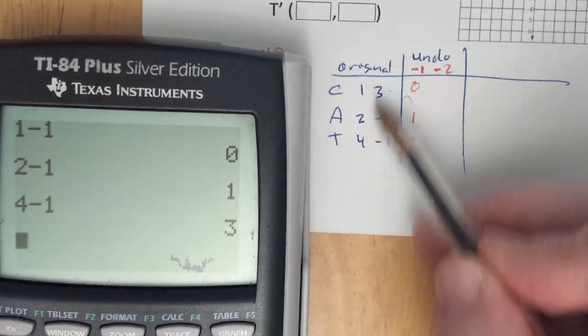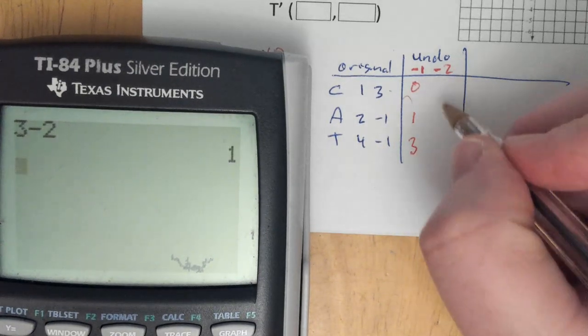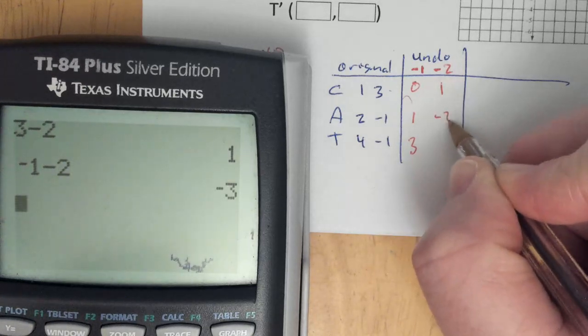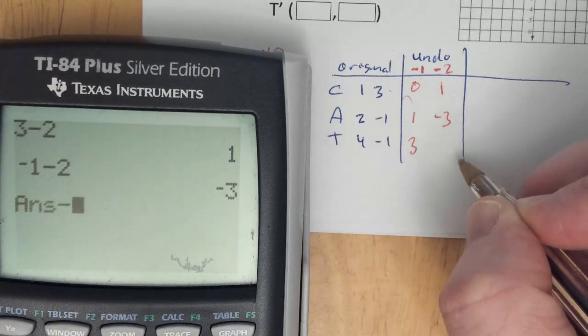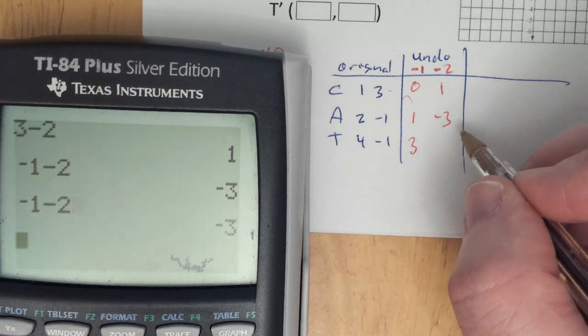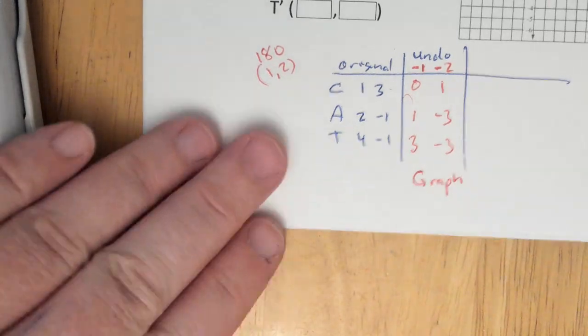All right, so we did all of these, and we subtracted 1. Now let's do all of the y's. 3 minus 2. -1 minus 2. And -1 minus 2. We got -3. So now we're going to graph our undo.